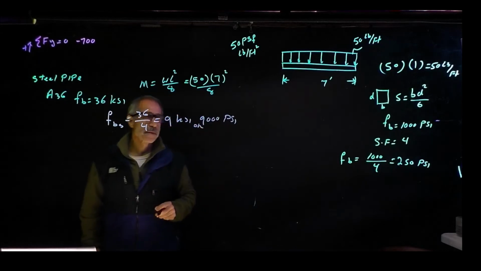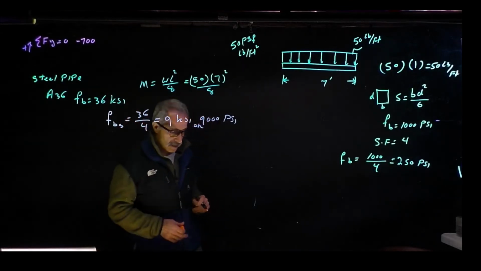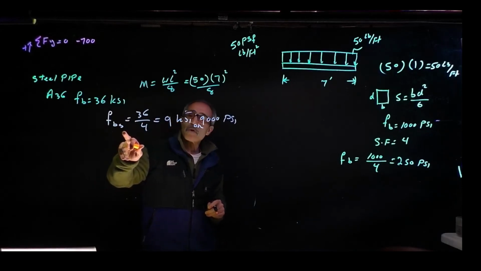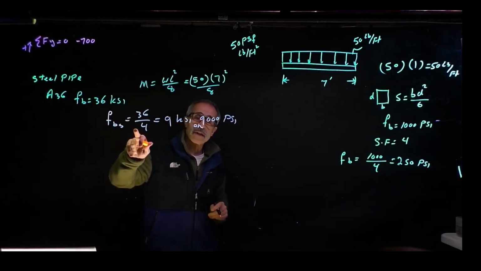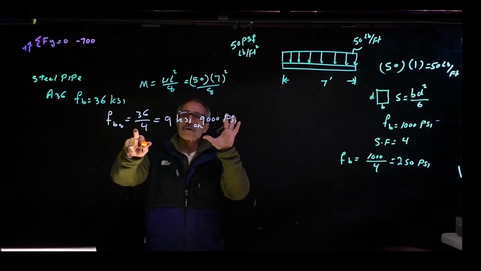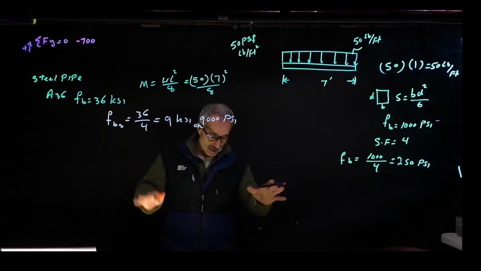Same thing. So that is the bending stress value for the steel. We know the steel will fail at 36. However, for this, we say, okay, your limit is 9,000 PSI, not 36. It's 9 KSI, not 36.